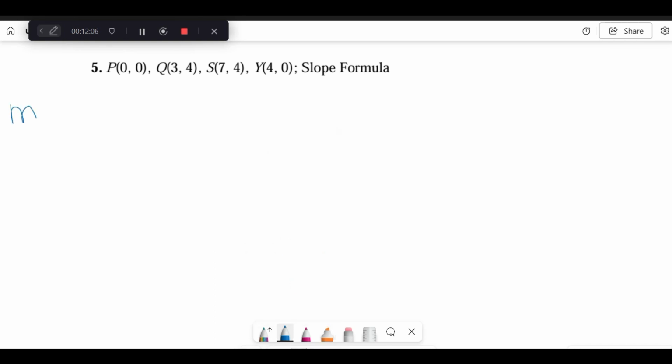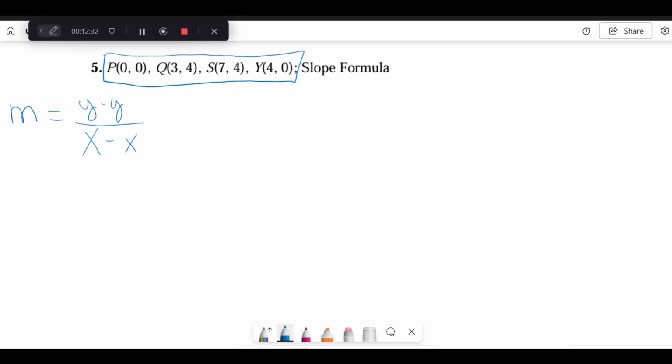So the slope formula M is equal to y minus y over x minus x. So I've got to check these sides out and see whether or not this is a parallelogram. And the first thing I'm going to do is I'm going to actually plot these points so I can see which sides are which, right?